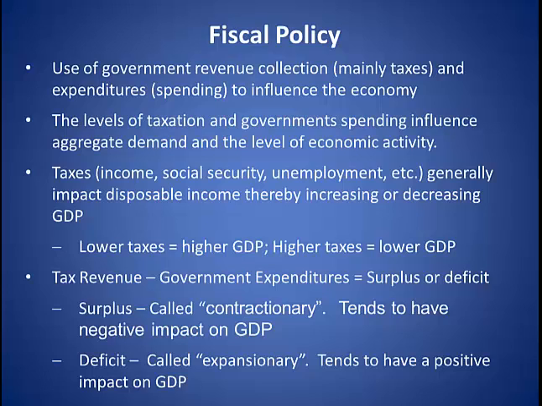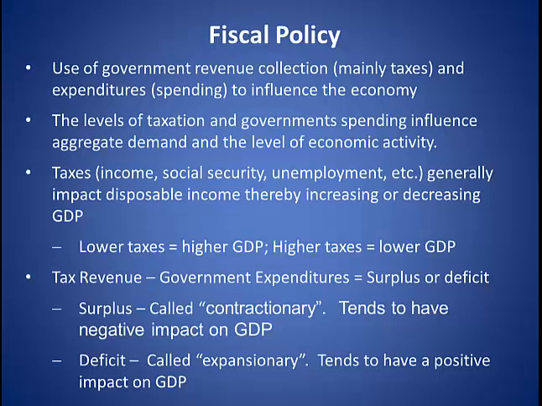Okay, now we're going to talk very, very briefly about fiscal policy. And again, in taking your basic macroeconomics course, we talk about what government spending and net government spending does in terms of the total GDP of the economy. But fiscal policy is the use of government revenue collection and expenditures.